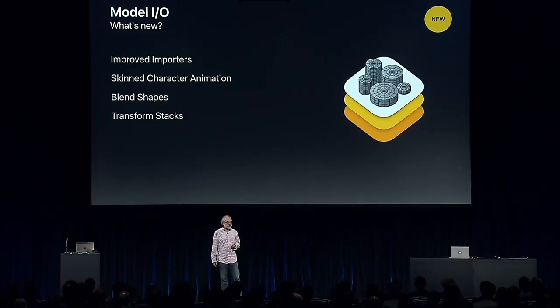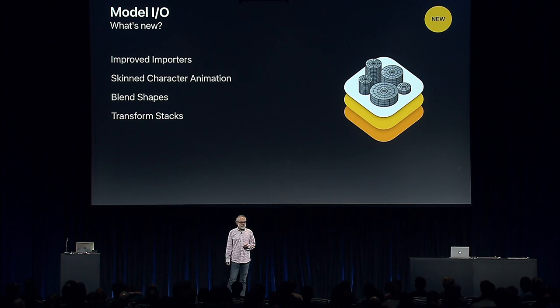So this year, there's a bunch of improvements in Model.io. I'm going to refer you to the developer website to learn more details, but just to give you a taste of what's coming up, there's improvements to the importers. We've got lots of feedback from people who've loaded one exotic file format or another and run into issues. We've corrected things as needed. We've introduced support for skinned character animation, and that's going to come up in a bit. We are supporting blend shapes.